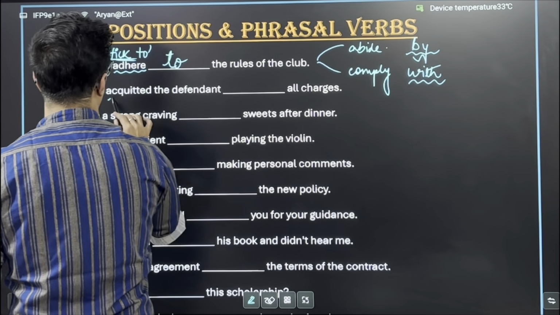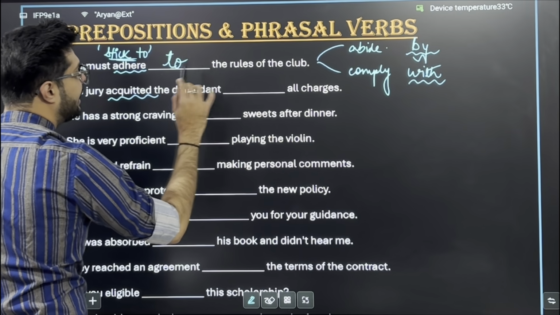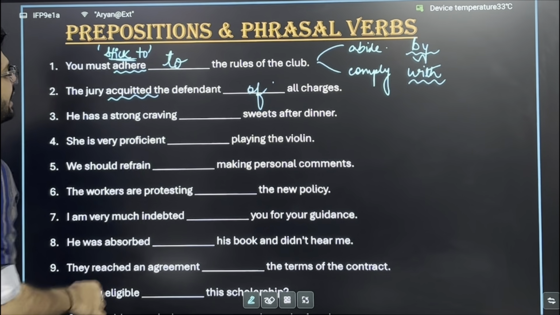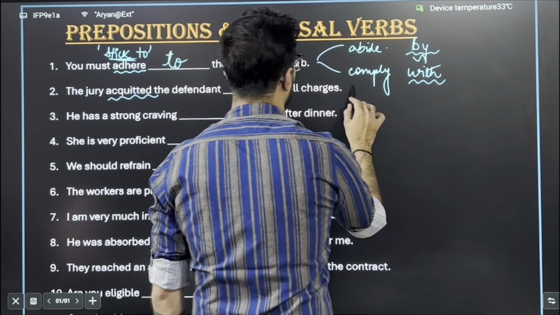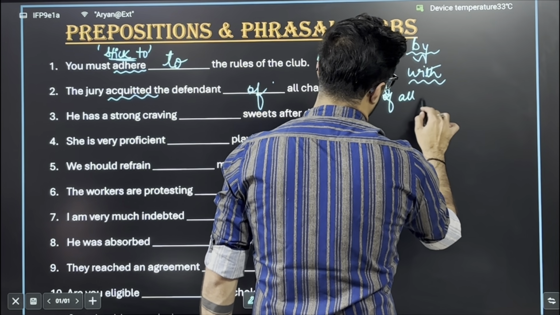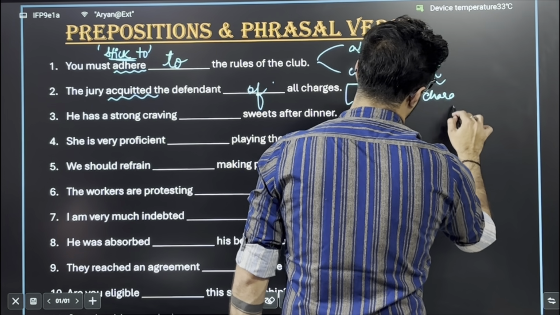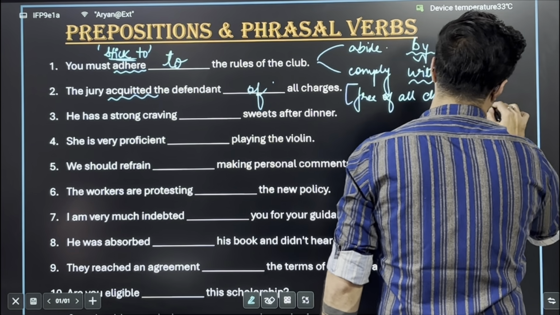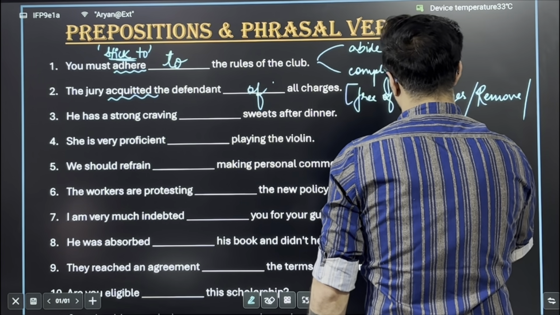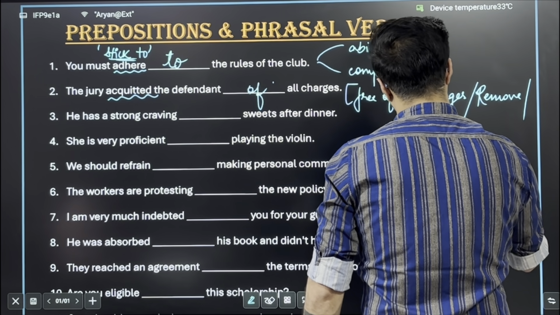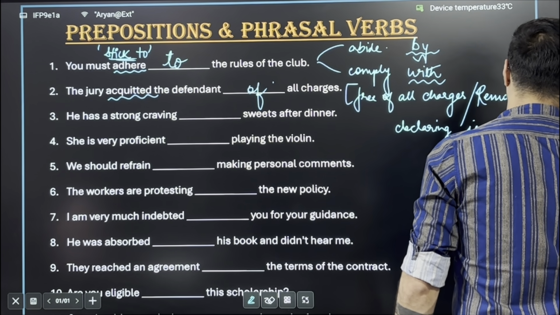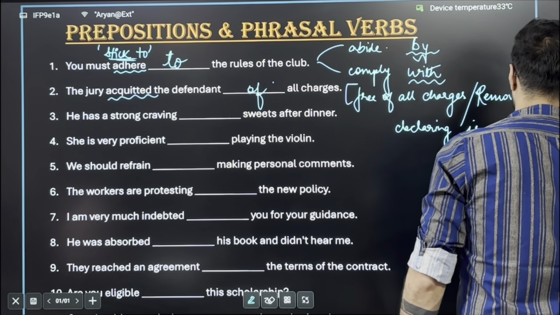Next, the jury acquitted the defendant dash all charges. With acquitted, of is used. To acquit means to free of all charges. In other words, removing all the allegations that were made, or declaring that the person is not guilty.